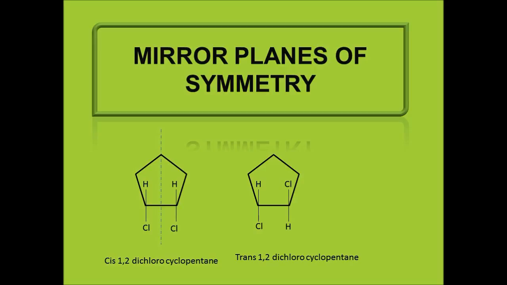However, you cannot do that with trans dichlorocyclopentane, because when you try to split it down the middle, it does not have a plane of symmetry through that molecule. These 2 molecules shown here for the trans 1,2-dichlorocyclopentane are enantiomers because they are non-superimposable mirror images.